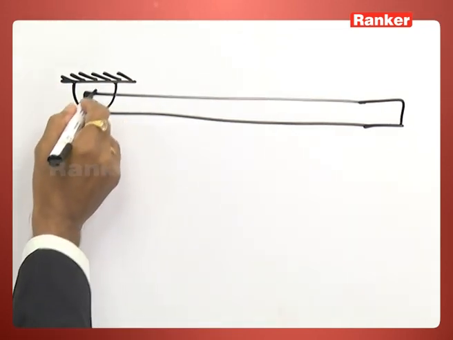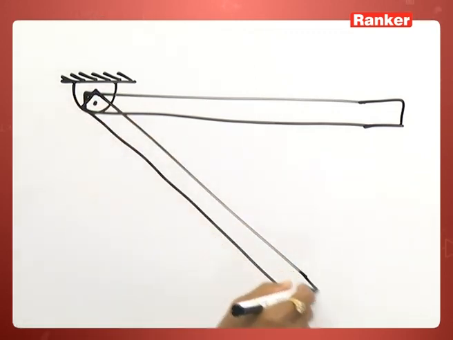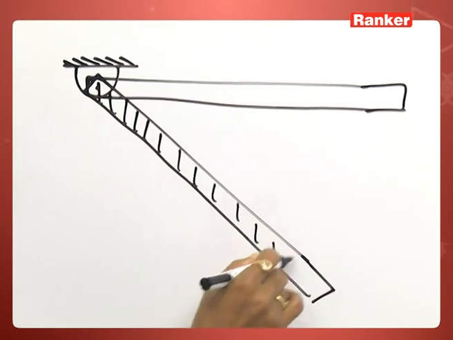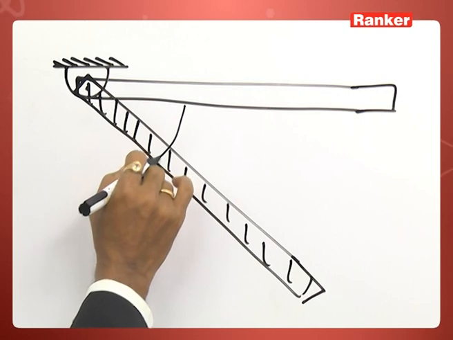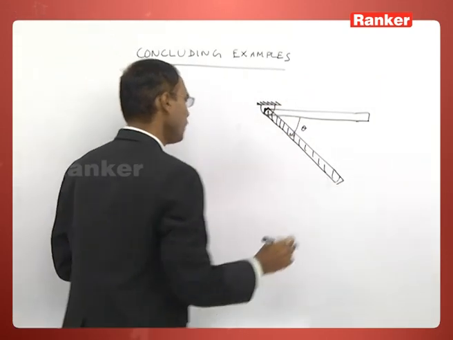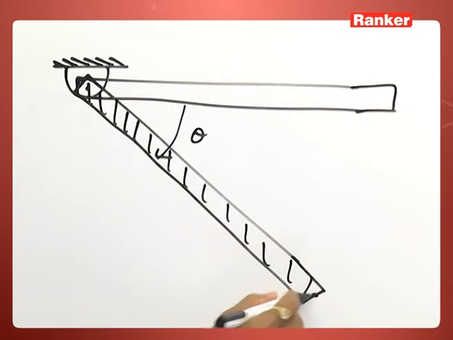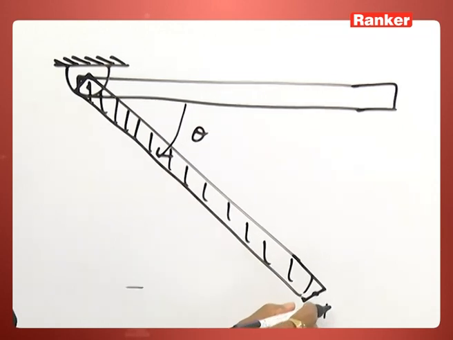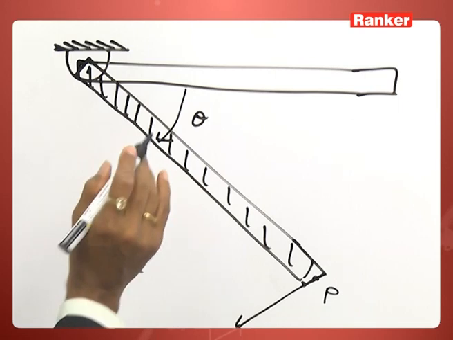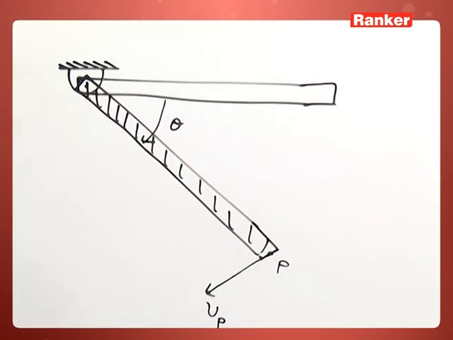When it swings through an angle theta, how to find the velocity of this point, that is Vp, and its acceleration.